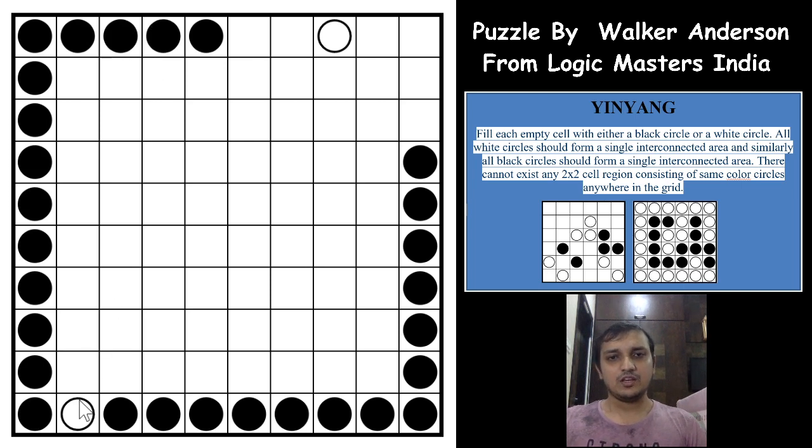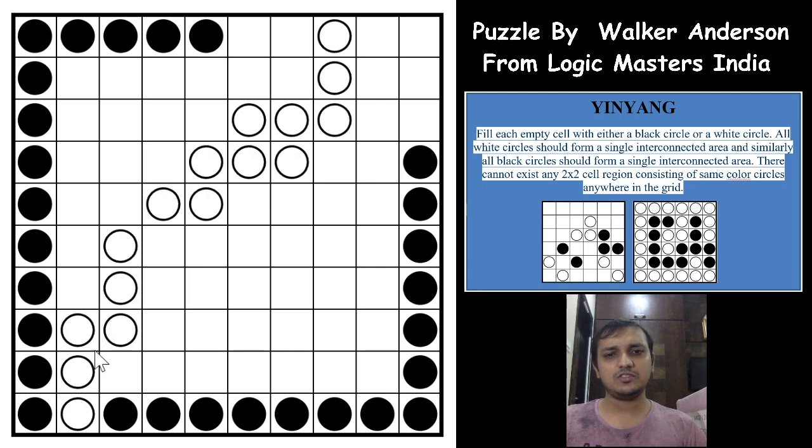At any point of time, the rule says that all the white circles or all the black circles have to be connected to each other. And if this white circle connects to this white circle, then this black circle and this black circle are not connecting to each other. They get stranded.